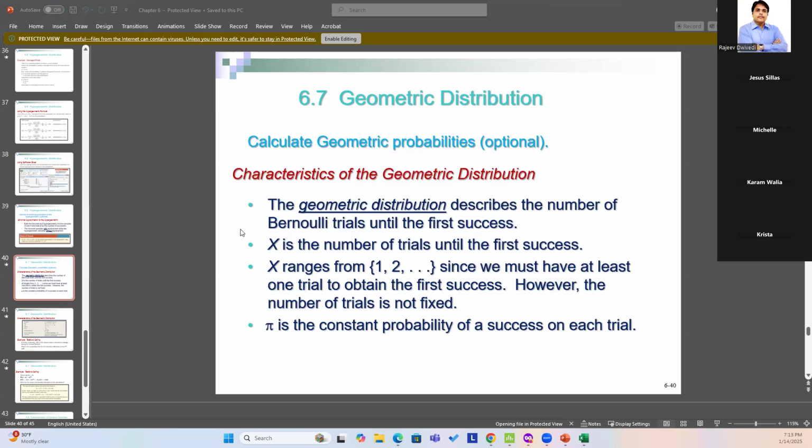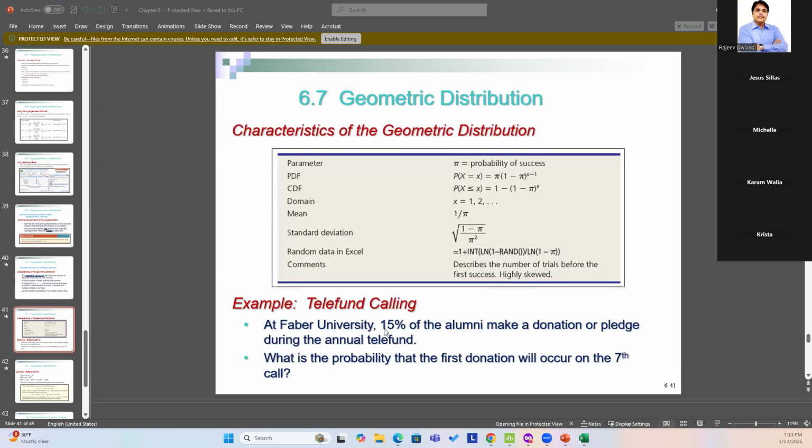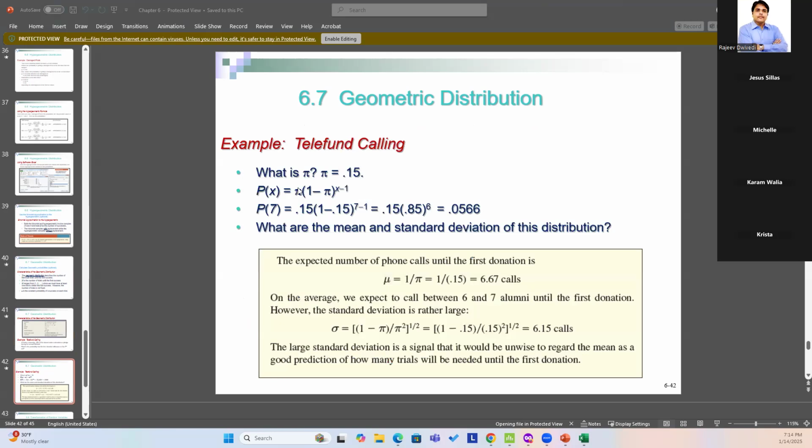Until the first success has been achieved. So here, at this university, 15% of alumni make a donation or pledge during the annual drive. What is the probability that the first donation will come on the seventh call, or the seventh person will give? So this is geometric distribution. And we can do this in Minitab also.